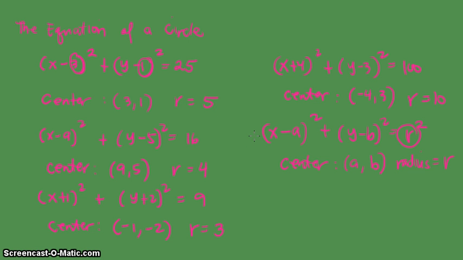Okay, so this particular equation is what we call the standard equation of a circle. So we already know how to get the center and the radius of the circle if the equation is in the standard form.